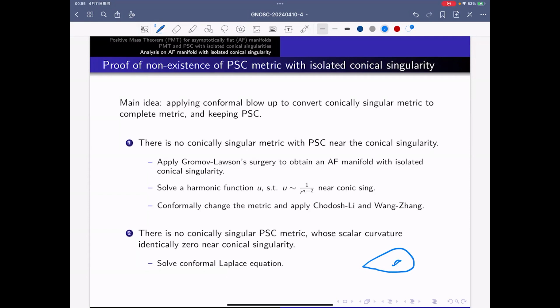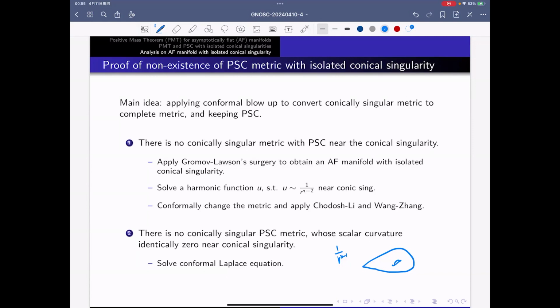So let's say we have a conic singularity here. Now we cannot expect to have a harmonic function on this compact manifold with conic singularity with the asymptotic behavior near the conic singularity to be this, since we can get a contradiction from the maximum principle easily.